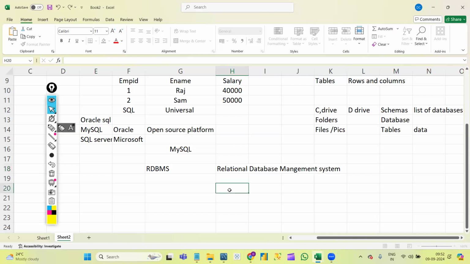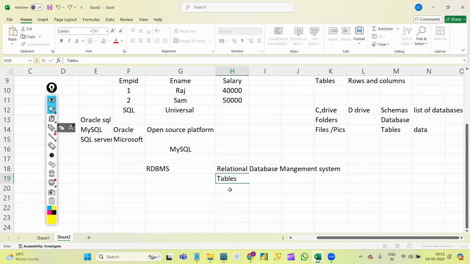As I said, we will store the data in the form of tables. If we maintain the data in the form of tables, and we can relate all the tables to each other, that is RDBMS.